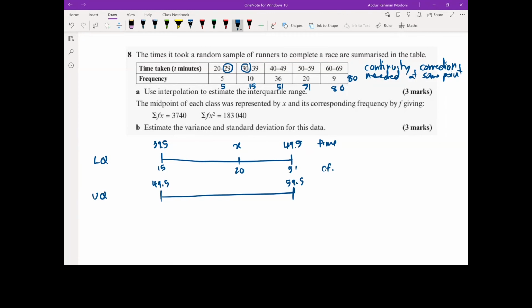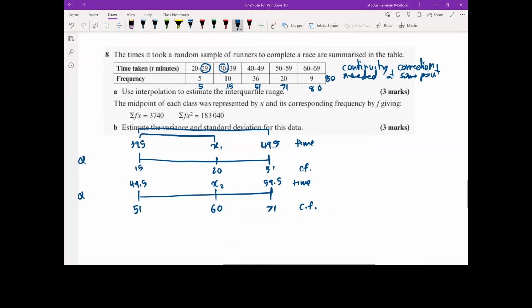My cumulative frequency up to 49.5 is 51 and 71 here. I'll just make a note. This is my cumulative frequency and this is my time. And what I'm after is the 60th position, and I'll call the first one X1 and I'll call this one X2. So by setting up my interpolation, remember it's this over that divided by this over that.